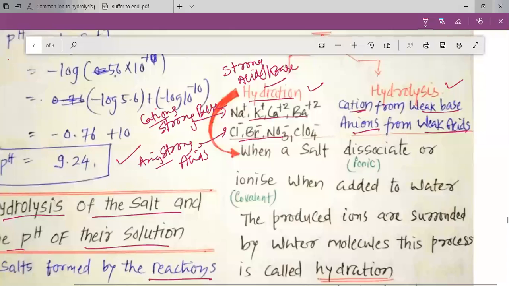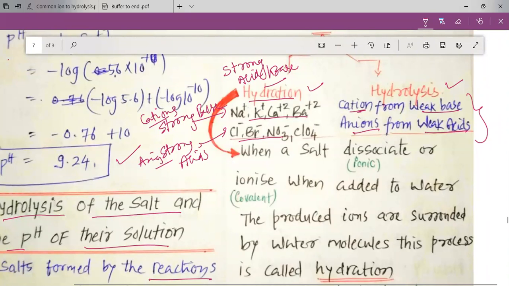So what we can simply say, cations from the strong bases and anions from the strong acids undergo only hydration. But the cation from weak base and anion from weak acids undergo both processes, hydration as well as hydrolysis. Remember that the cation from strong base and anion from strong acids do not undergo hydrolysis.